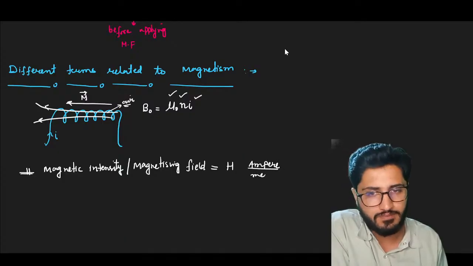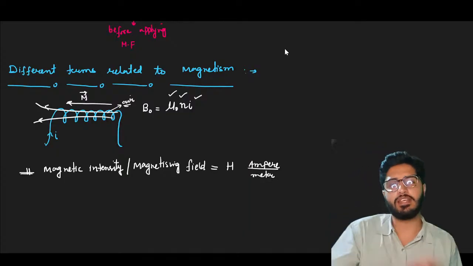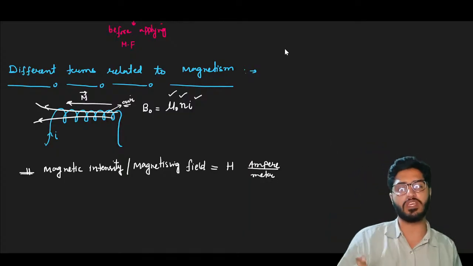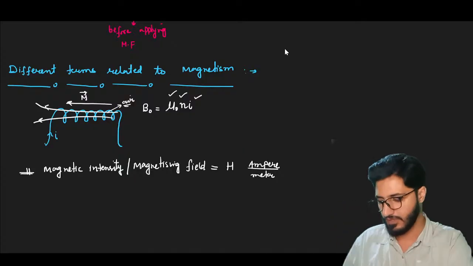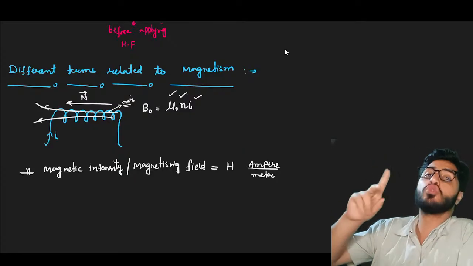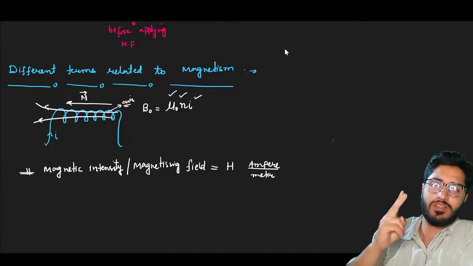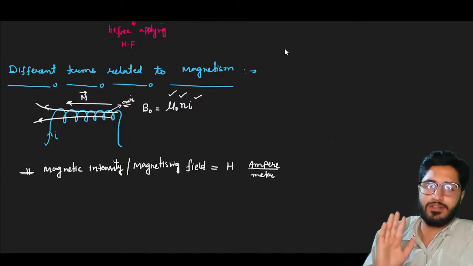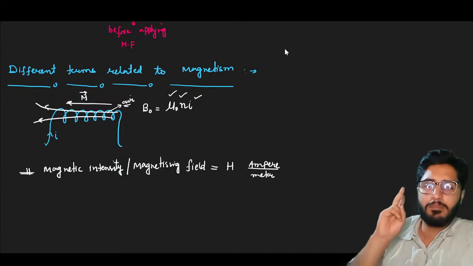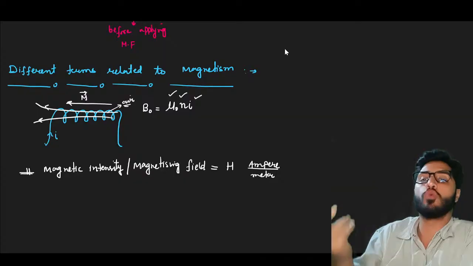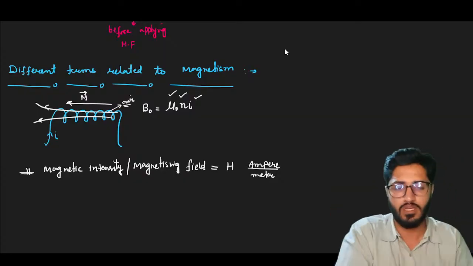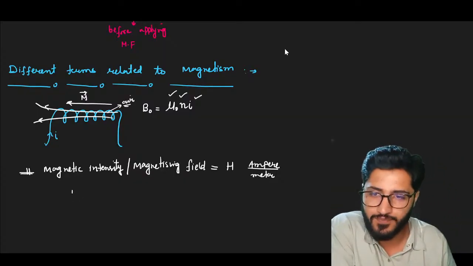Basically, the working of my magnetic field and the magnetizing field is the same. You can use these in place of one another. Magnetic field and magnetic intensity are both the same in different units, different domains.